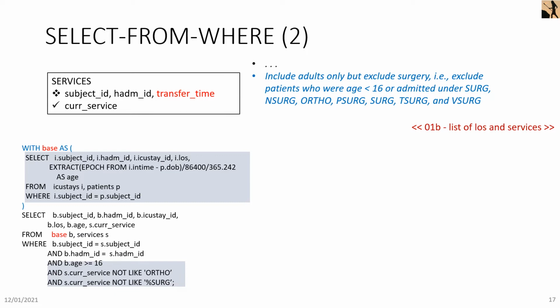So conceptually you're usually doing it in two stages. The base selects from the two relations and comes up with some attributes. After that, we do more selection as we like, like the age criteria or the admission reasons. But you can see that the base follows what we did previously.